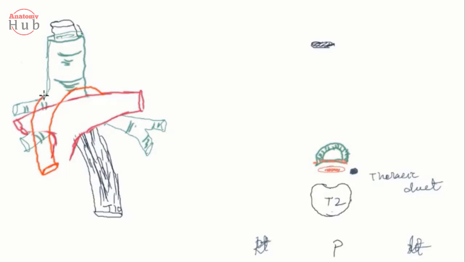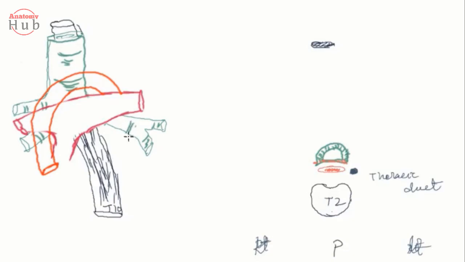Then it goes towards the left side and towards the back, behind the left pulmonary artery. So the ascending aorta ascends upward anterior to the right pulmonary artery, then goes to the left and back. So this is your ascending aorta. Then here you'll find the arch of aorta. This arch of aorta goes behind the left pulmonary artery, and behind this left principal bronchus.